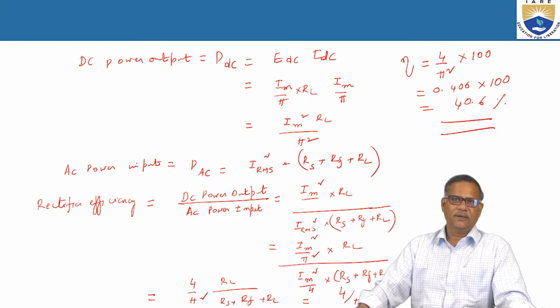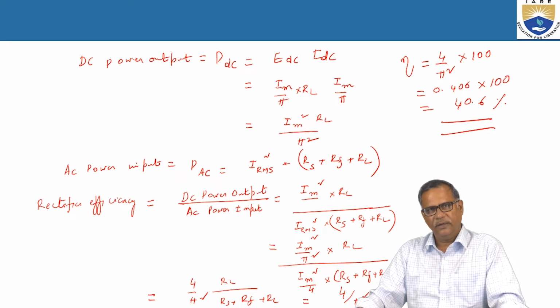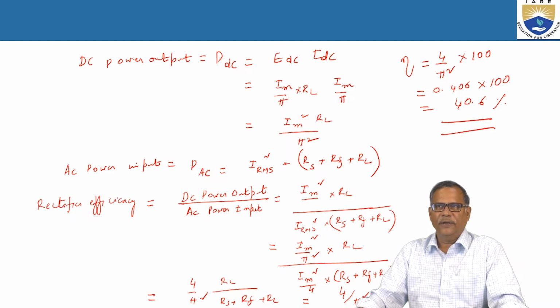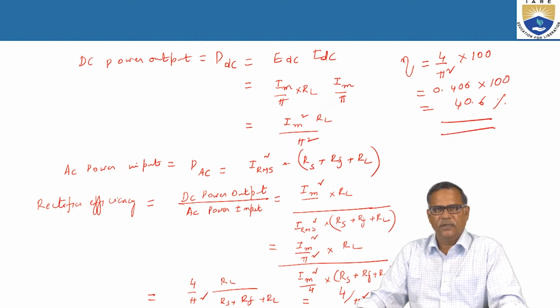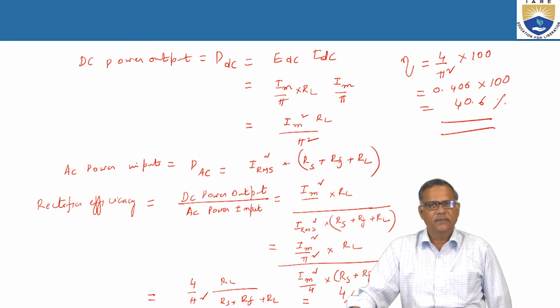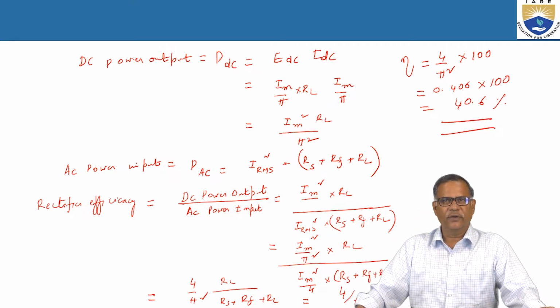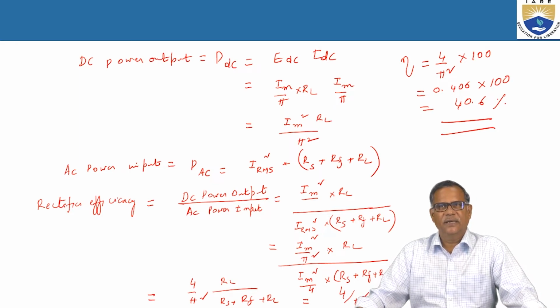When the diode does not conduct, the power is dissipated by the diode and the transformer secondary winding. So only 40.6% of input power is delivered to the load. So that is the efficiency of the half-wave rectifier. You can understand that the half-wave rectifier efficiency is poor. It works with less than 50% efficiency.